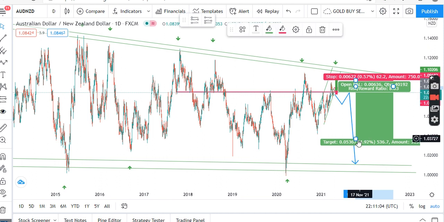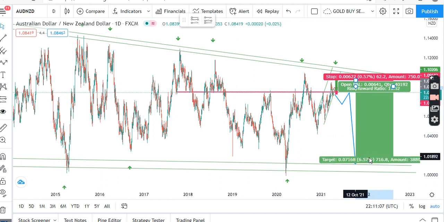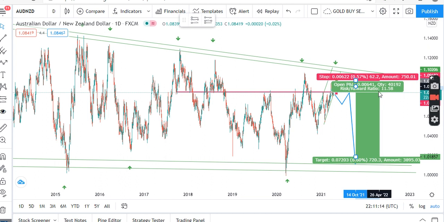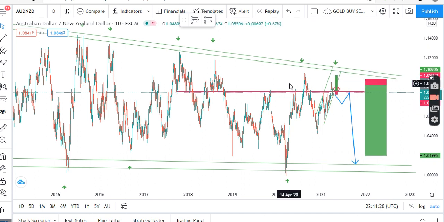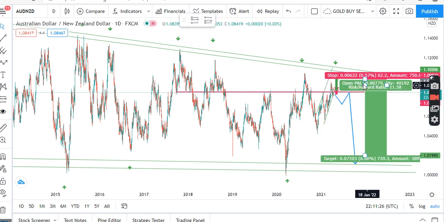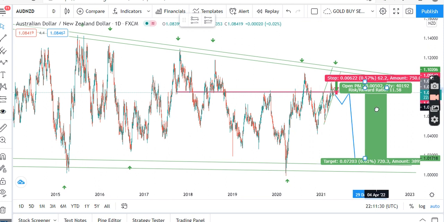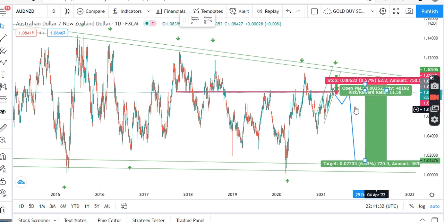Right now it's at the top at resistance, and therefore I'm going to look for signs of price coming back lower. So this is my long-term trade setup. So I need to see a break of these structures here.